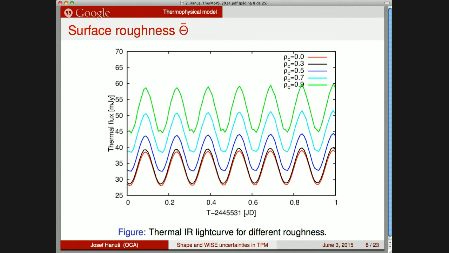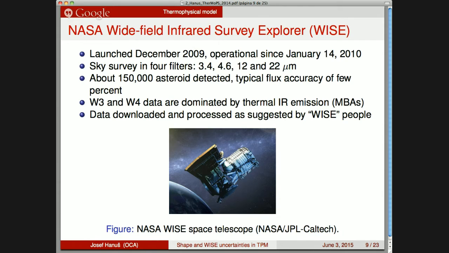Okay, before the actual thermophysical modeling, let's talk briefly about the input data. We use the thermal fluxes from the WISE satellite that was launched in 2009 and observed for almost 9 months in 4 filters, and detected a lot of asteroids.